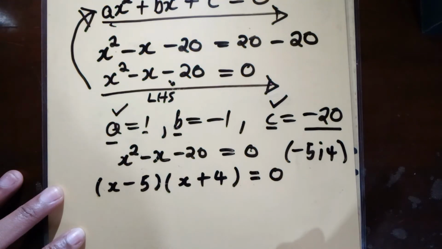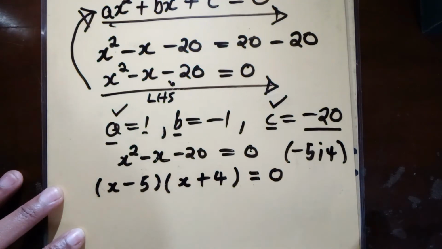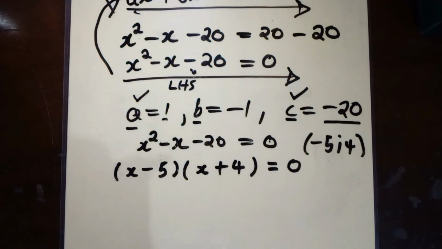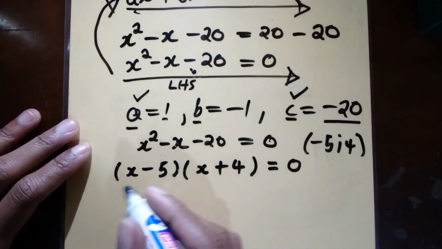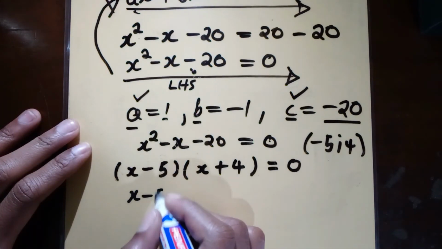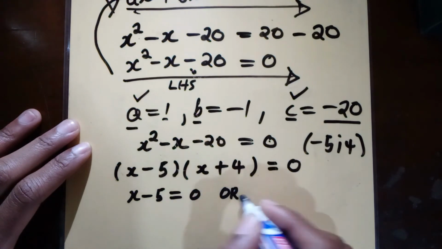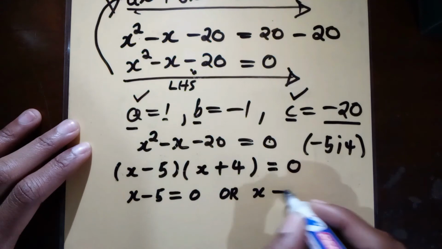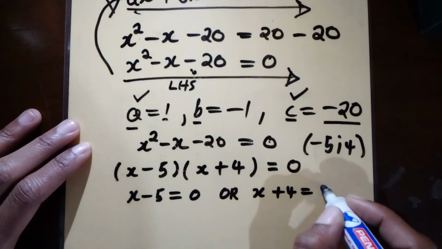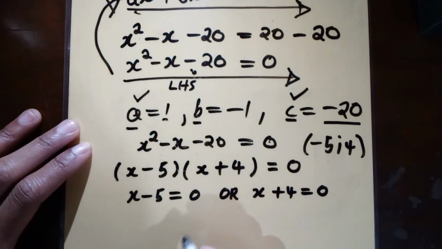The next step would be then to solve for x. To solve for x, we will simply say x minus 5 equals 0, or x plus 4 equals 0. And then we want to be left with x on the left hand side.